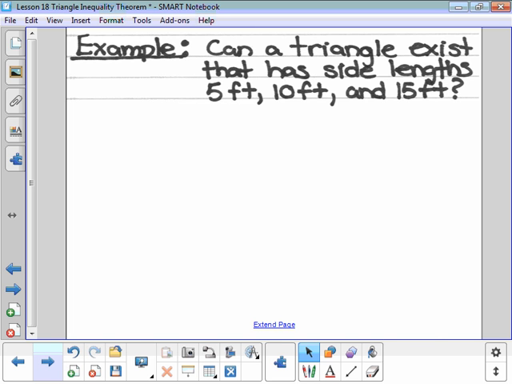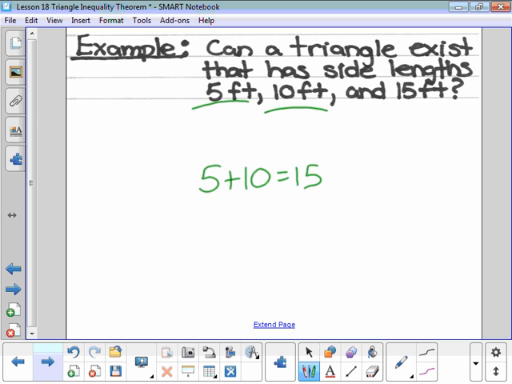So let me do another example. I have 3 sides, 5 feet, 10 feet, and 15 feet, and I want to know if it's possible for me to build a triangle using those side lengths. So the way I'm going to check that is to take the two smaller sides, in this case 5 and 10, and I'm going to add them. And in order to be able to build a triangle using these 3 side lengths, this sum of my two smaller sides needs to be bigger than the side I didn't choose.